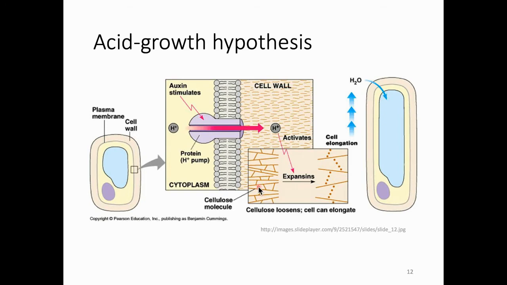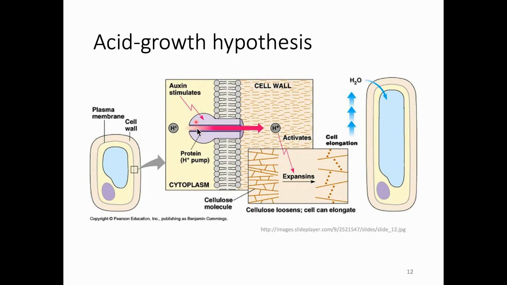What does auxin do? Auxin will stimulate cell wall expansion, or loosening of the cellulose microfibril. How does it do this? It acts through acidity of the cell wall.